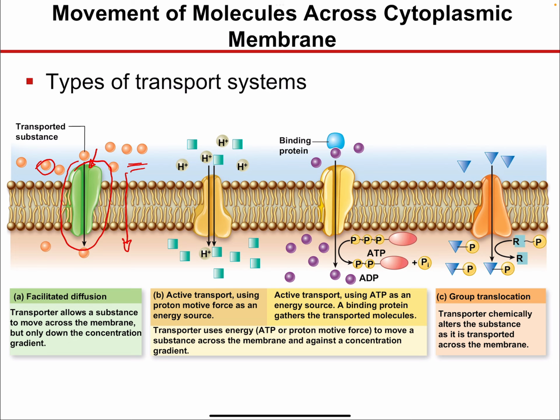Okay? Now, any other chemical that cannot come in via facilitated diffusion will require expense of energy. And whenever a transport system requires expense of energy, we call this active transport.